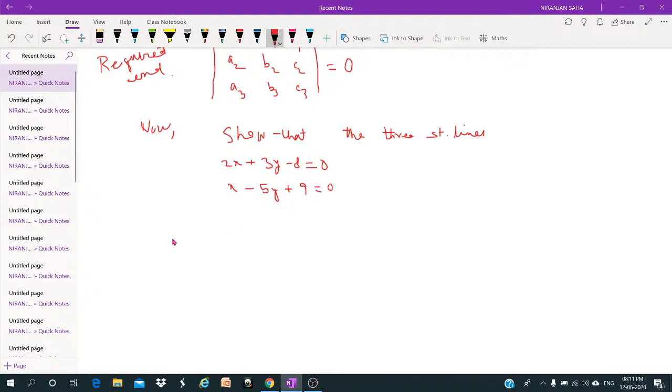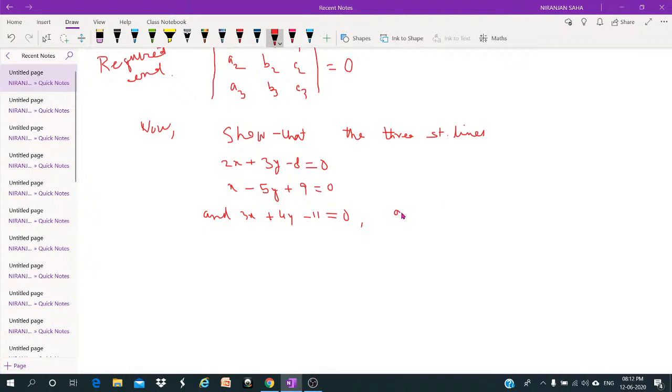and 3x plus 4y minus 11 equal to 0. We have to show that the three straight lines are concurrent.